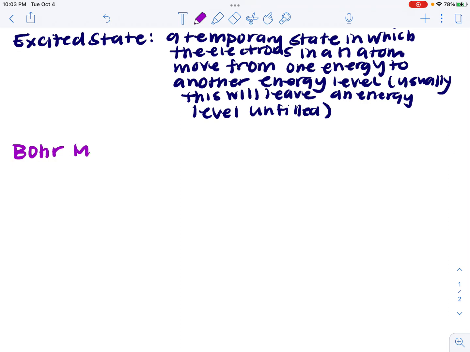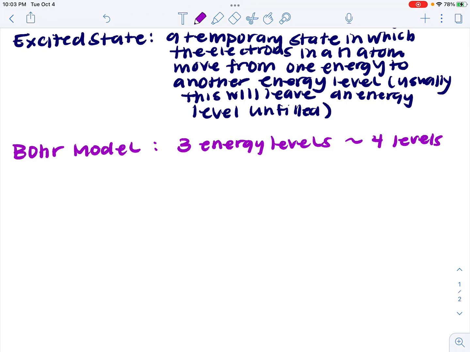So if we remember, we drew things called Bohr models. And if we review Bohr models, we really worked up to 3 energy levels, but kind of 4. We stopped at 20 electrons. And if we remember correctly, the first energy level can hold up to 2 electrons.